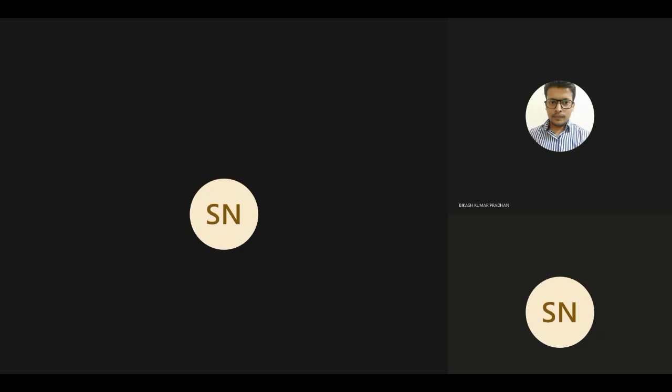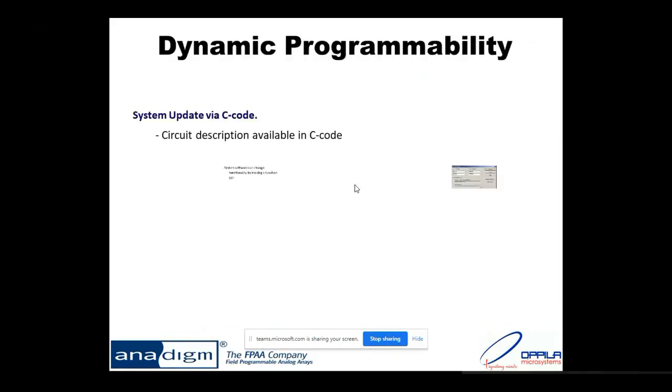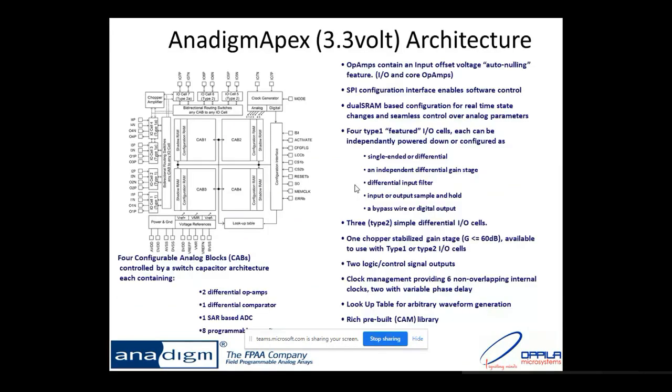Inside the microcontroller, we have to feed a program. The onboard microcontroller gives the command to the FPAA, and the FPAA processes the analog signals and gives the analog output. To command all 4 FPAAs, we are using one microcontroller.